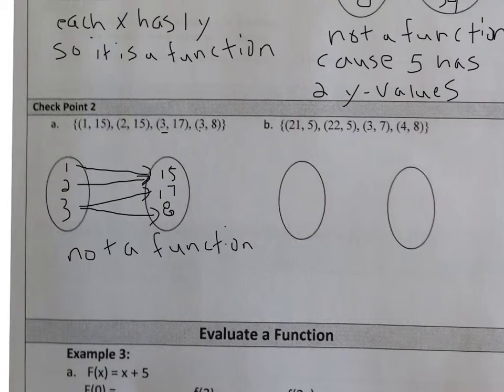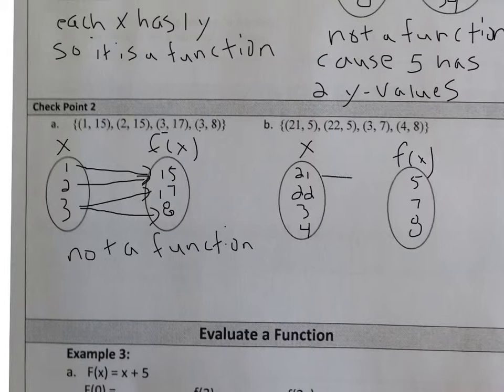B, we got 21. Oh, sorry. These are x's. And this is f of x. This is x. F of x. And remember, f of x is just another fancy way to say y. 21, 22, 3, and 4 are the x values, and the f of x values are 5, 7, and 8.